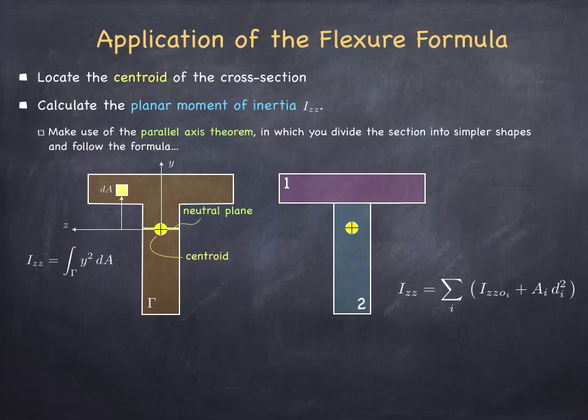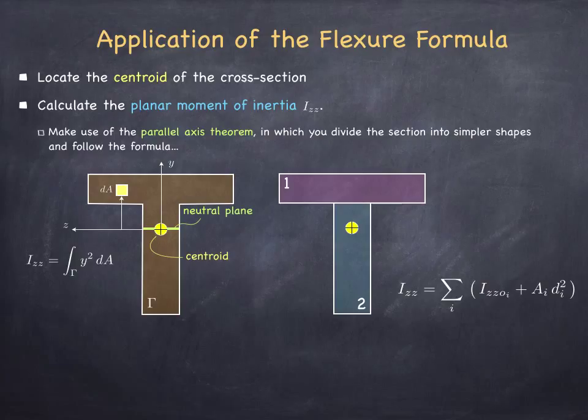The second moment of area of a given cross-section can be computed by obtaining the second moment of area of simpler segments, such as rectangular segments of the cross-section, relative to their own origins or centroids, which are denoted here as I sub ZZ OI, and adding to them the distance from their centroids to the centroid of the entire cross-section, DI squared, times their cross-sectional areas.